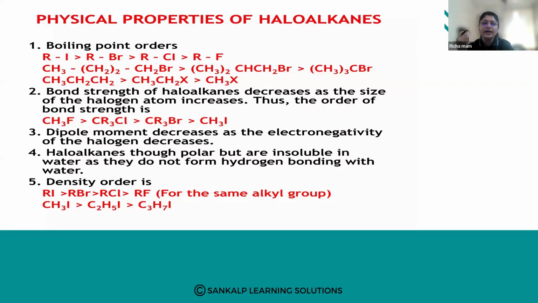Then when you go a little higher, the higher members are liquids, and as you go further, then they will be solids. So some of the members are solids. Okay. Now, this is about the physical state.